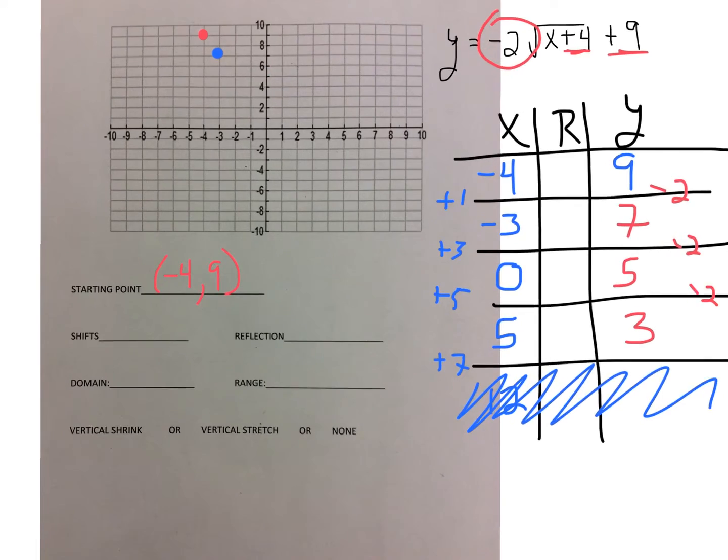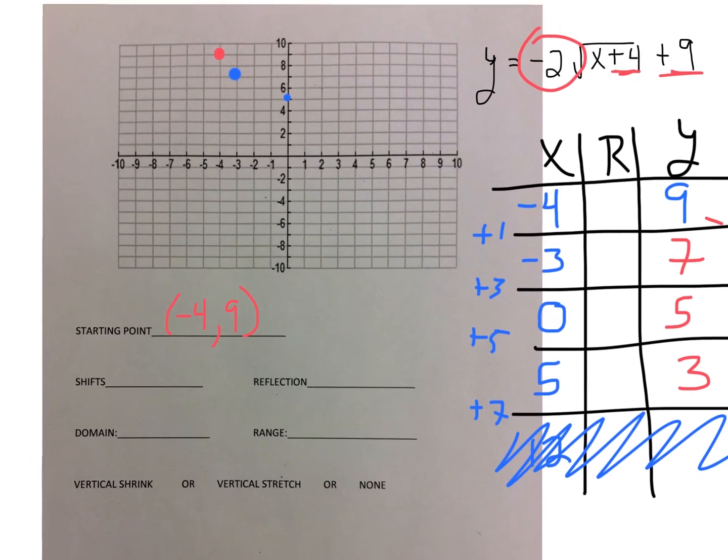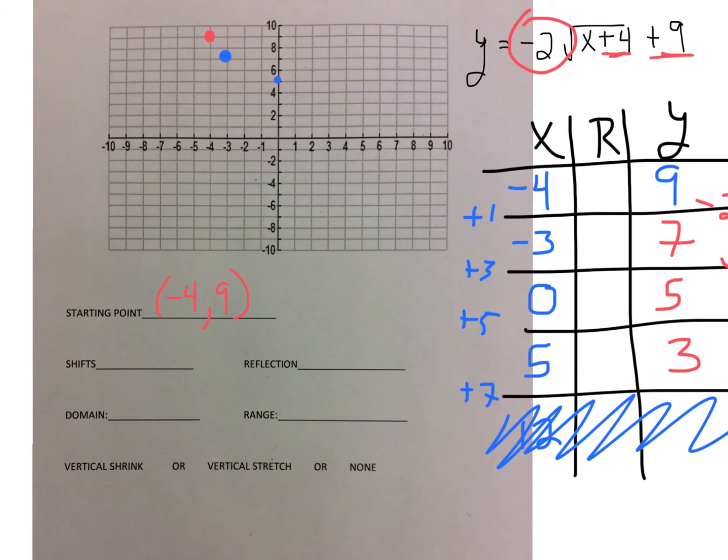Let me zoom in for that one. 0, 5. There we go. It's pretty good. And then we had the coordinate 5, 3. So 5, 3: over 5, up 3. Right there. Let's connect our dots.